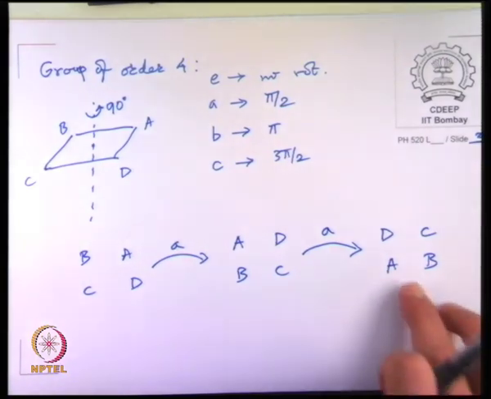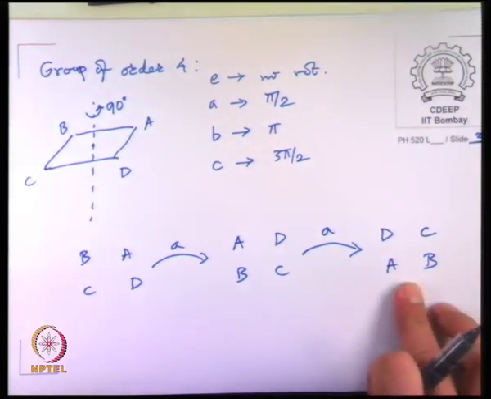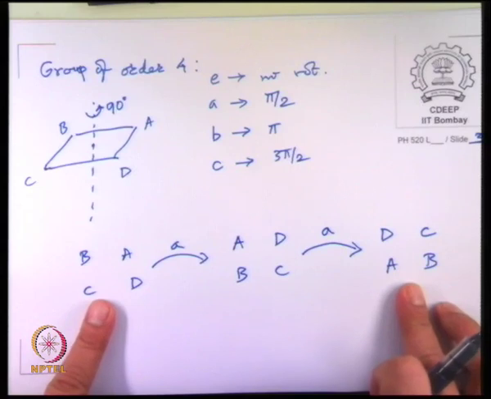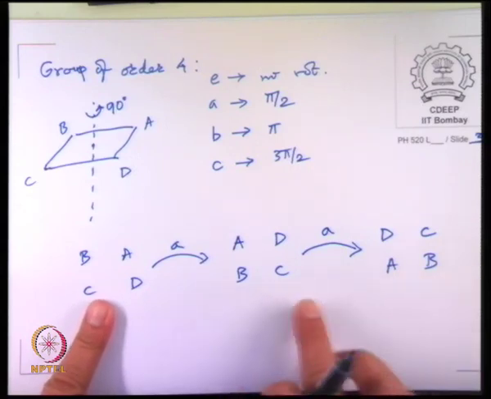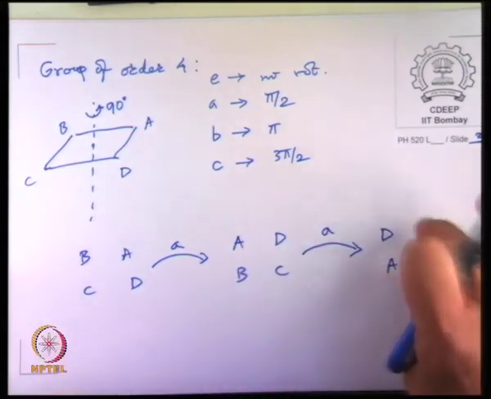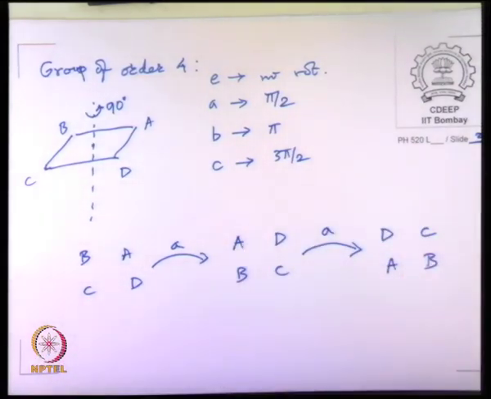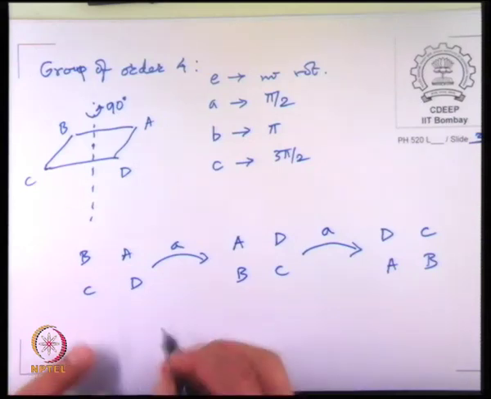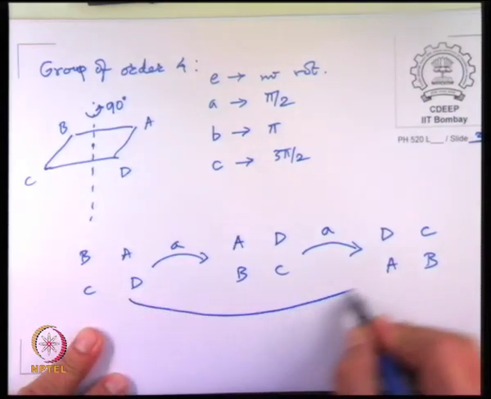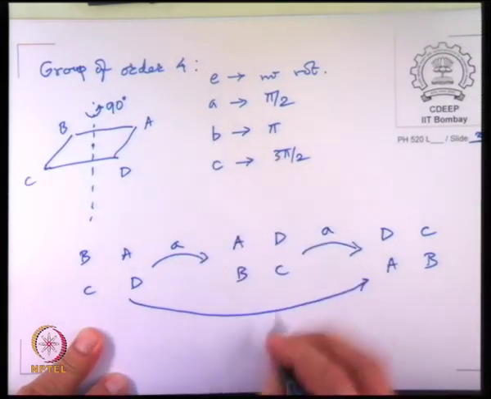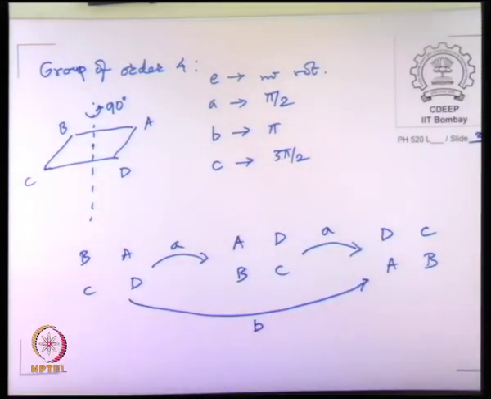So this configuration now is rotated with respect to the original by full pi, but the operation just rotated it once at a time. So the configurations that you have in the space on which the group is acting are to be distinguished from the operation of the group. So of course we can write the whole thing together, that this is nothing but our element B. So we learn that A squared is B.